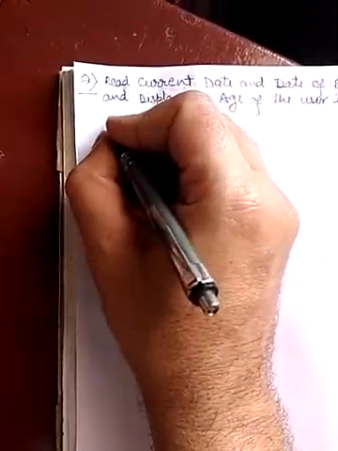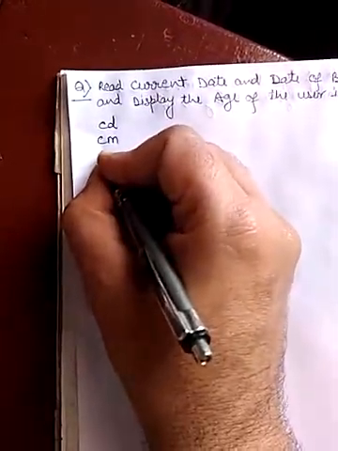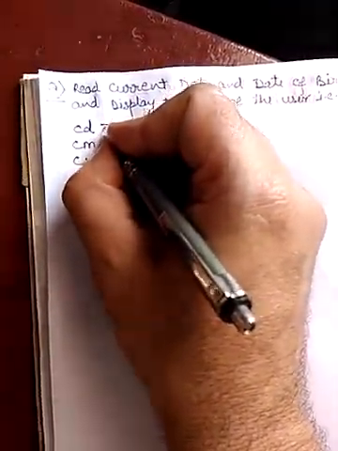Now we are writing the program in Python for the same logic, in which it is asked to read the current date and date of birth from user, and we have to find out the age of the person, that is how old the user is. First you need to read current date. Let us take current date, current month, current year. We have to read it.